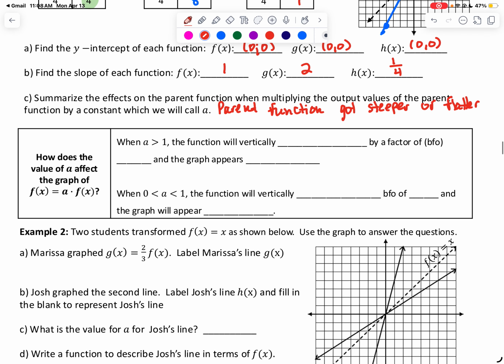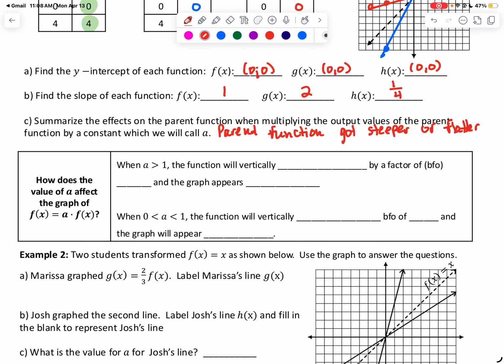So the y values were, we say, vertically stretched by a factor of a. So if your a value is 3, you'll multiply all the y values by 3. If your a value is 6, you'll multiply all the y values by 6. And the graph is going to appear steeper because those y values were stretched.